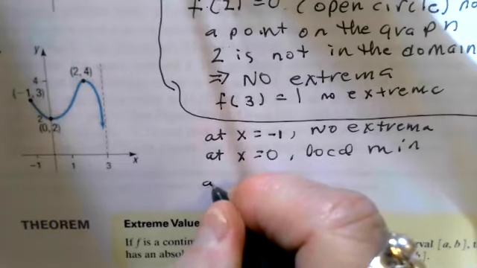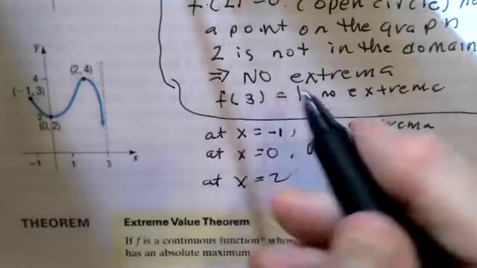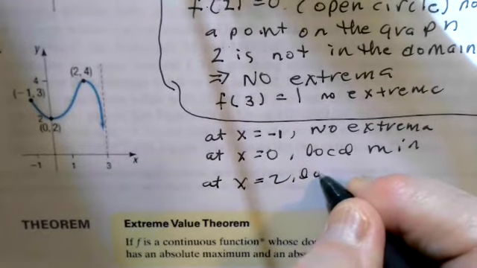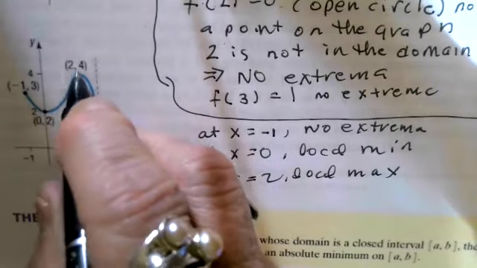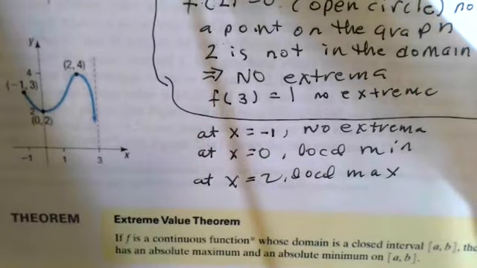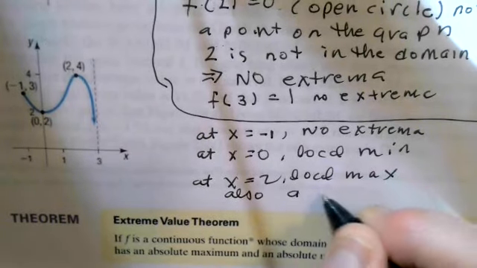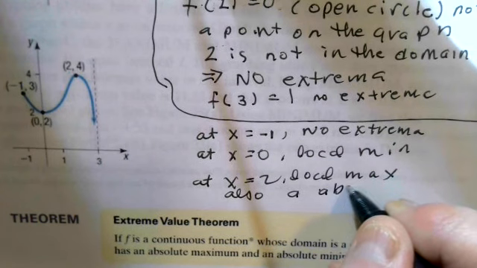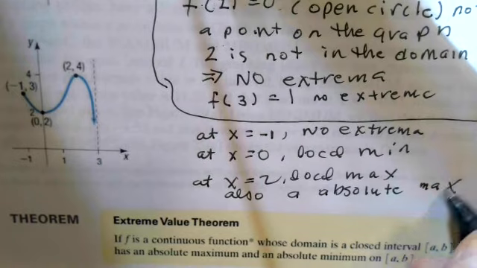Now at x equal 2, which is right here, there's a local max. But is there an absolute max? Is that the highest y value on the graph? Yes, it is. So it's also an absolute max.